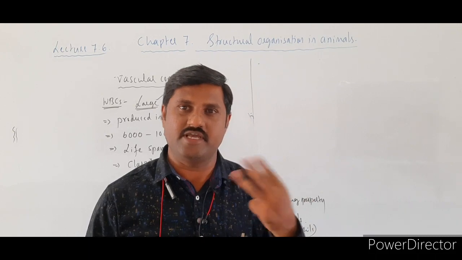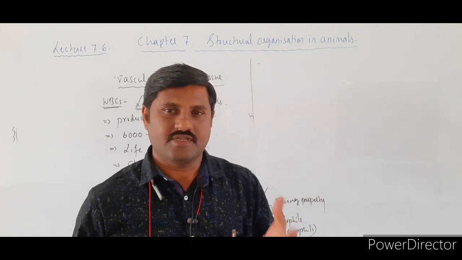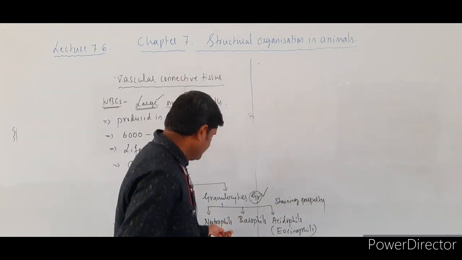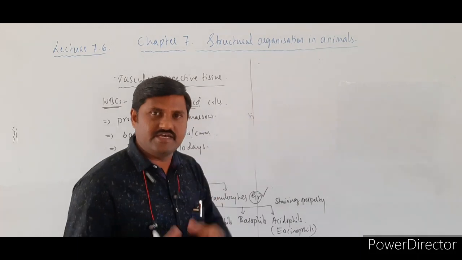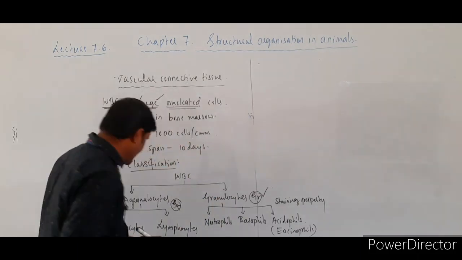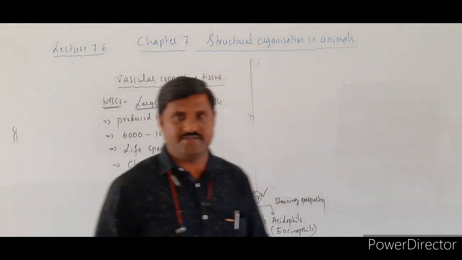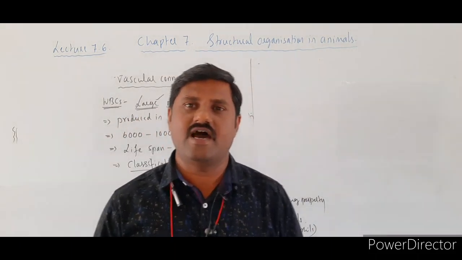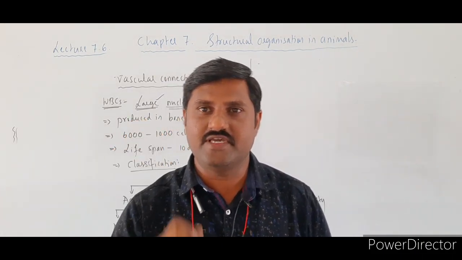Nuclei can be 2 lobed, 3 or 5 lobed, so different lobes are found in the nuclei. But there are no lobes found in agranulocytes. So like this, there are different types of WBCs that we come across.